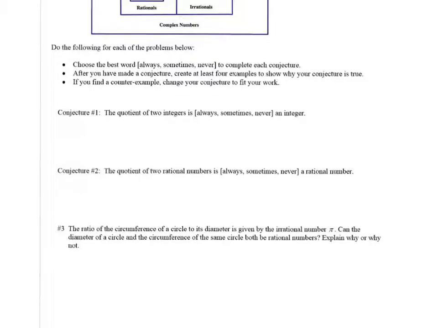Okay, so for number 1, the quotient of two integers. So if I divide two integers, I sometimes get an integer. So for example, if I pick integers that divide evenly, I get an integer. But if I even take the reciprocal, it reduces, but that's a rational number, not an integer, so it is sometimes.